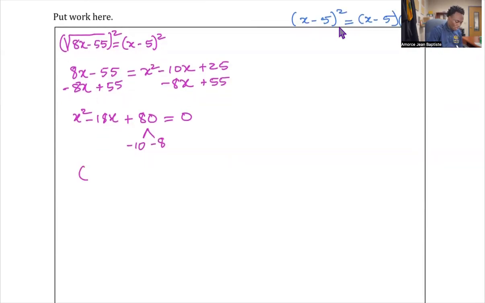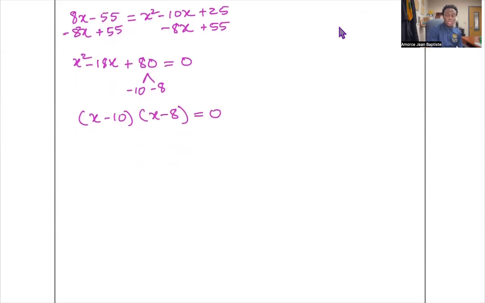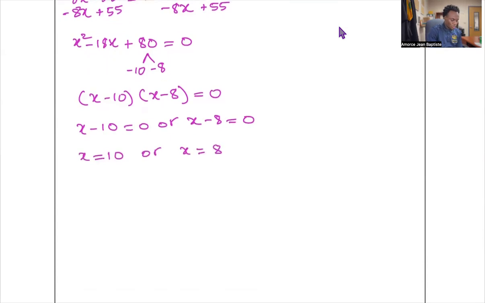So the factored form would be x minus 10 times x minus 8 equals 0. So the zero product property, x minus 10 equals 0, or x minus 8 equals 0. Two solutions, x equals 10 or x equals 8.